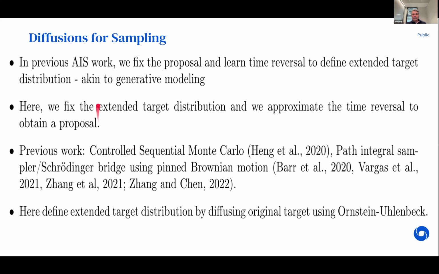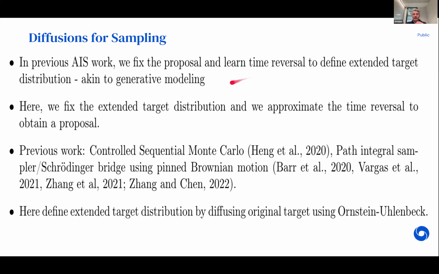Okay, so if you look at what we've done in the previous talk, essentially we were fixing the proposal. This was the distribution Q that was defined by a non-homogeneous Markov chain. And we were learning some kind of time reversal of this proposal to reweight our samples efficiently, to compute the normalizing constant of pi.